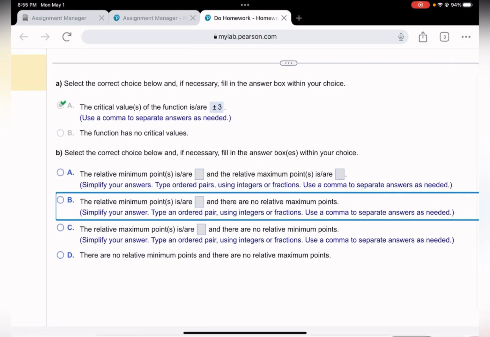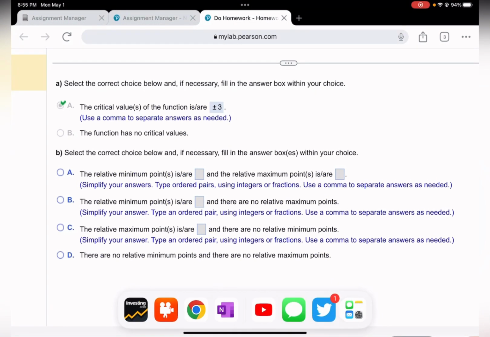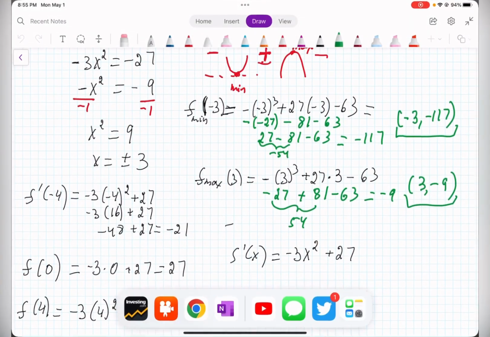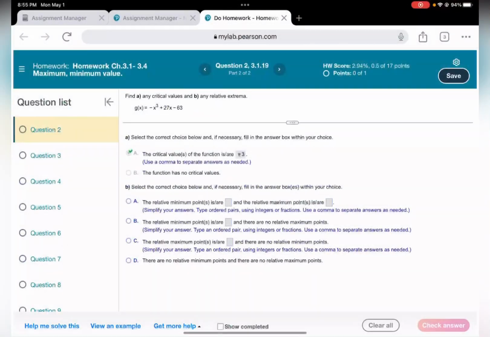Relative minimum point is, okay, we'll place the answer, and the relative maximum, yeah, that's correct. So the relative minimum is going to be negative 3, negative 117.